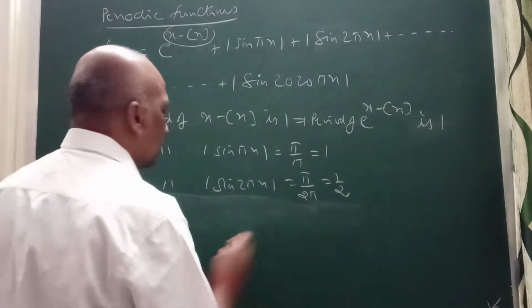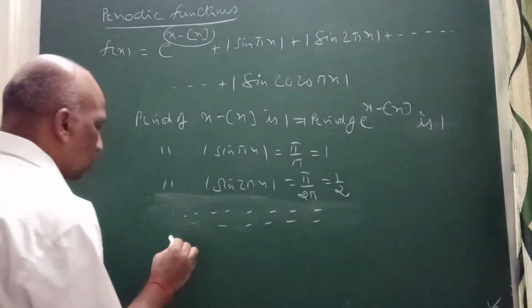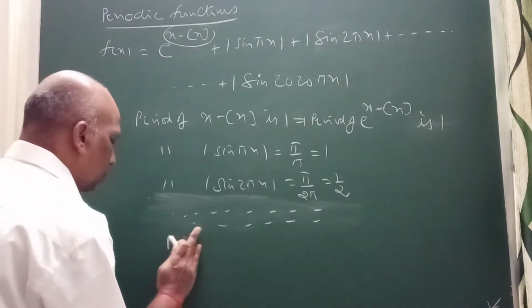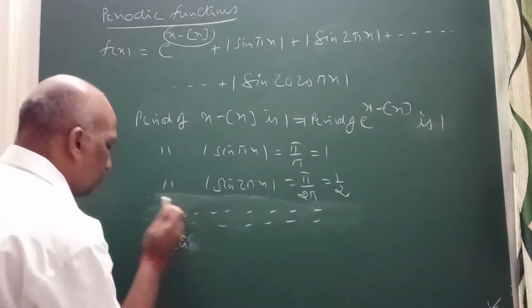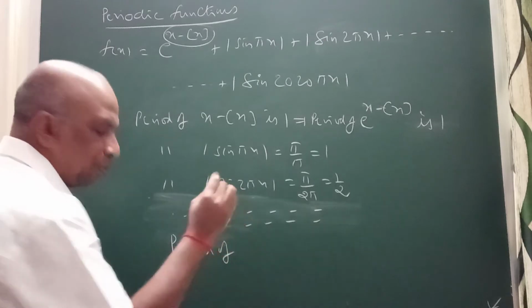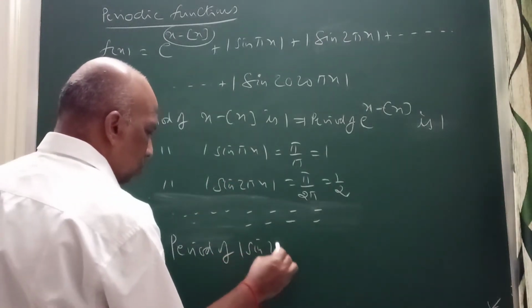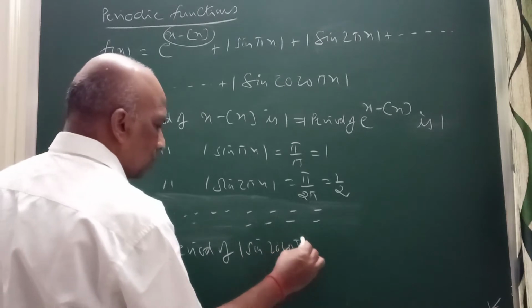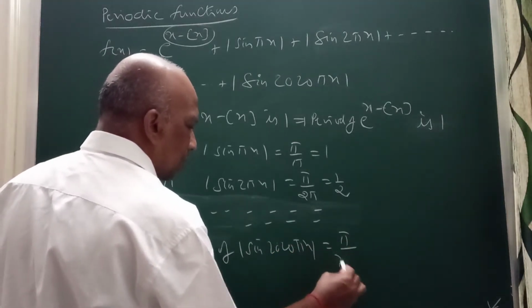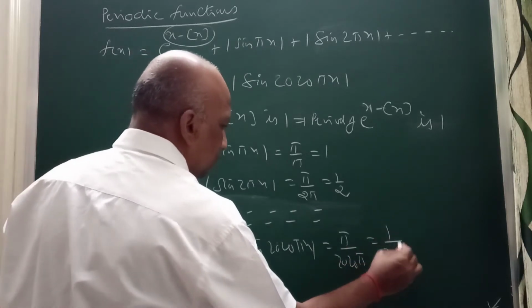The period of |sin 20πx| is π by 20π, which is 1 by 20. Correct?